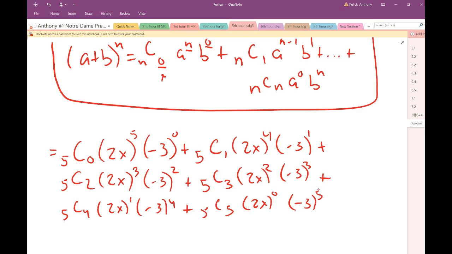So this is the intermediate step where we've shown the combinations involved. Everybody happy there?